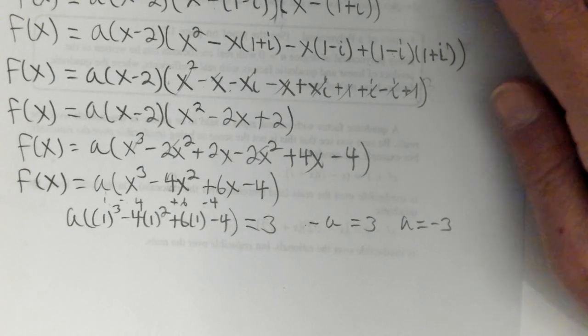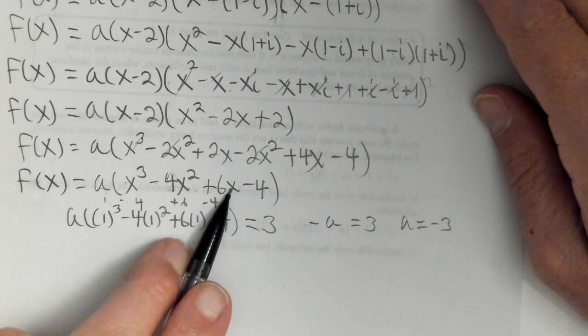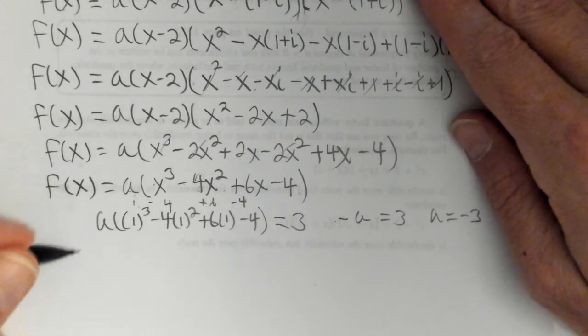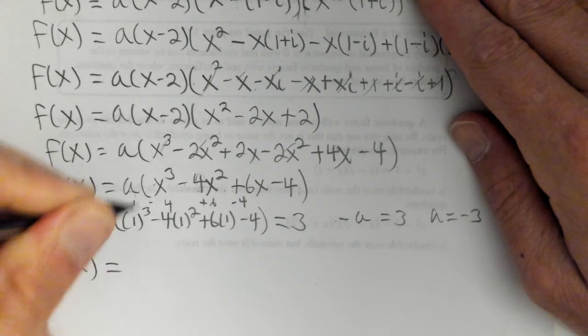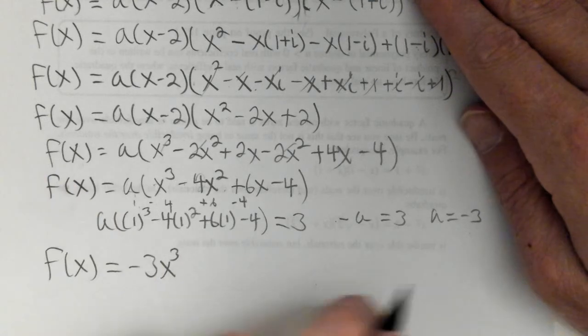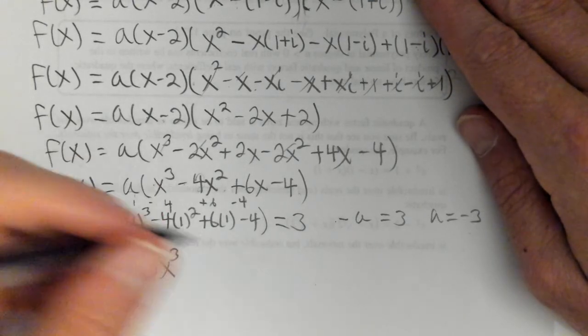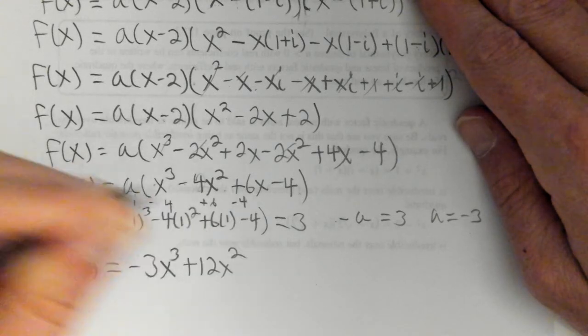And so really now all I have to do is take this negative 3, plug it here, multiply negative 3 times every term, and then I will actually now have my answer. So this is going to become negative 3x to the third. Negative 3 times negative 4 is positive 12x squared.